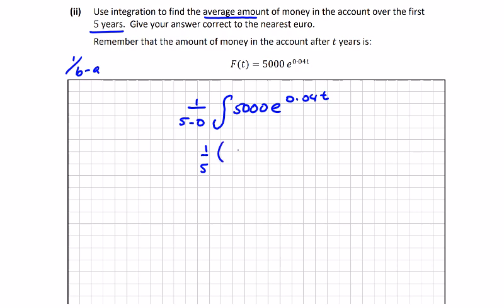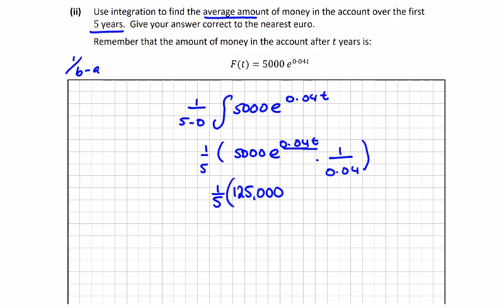And if we integrate 5,000 e to the power 0.04t, we have to multiply by 1 over the differentiated power, 1 over 0.04. And 5,000 divided by 0.04 works out to be 125,000.